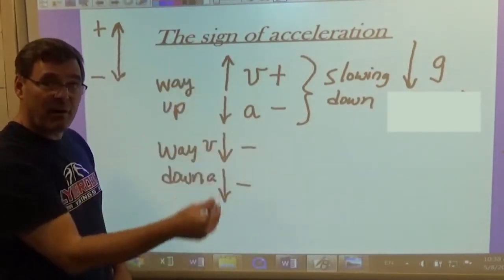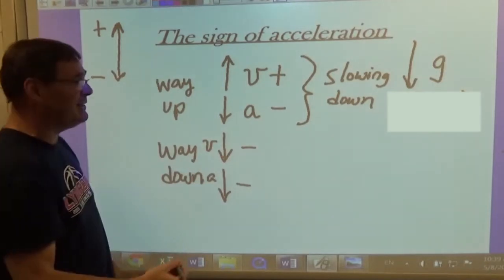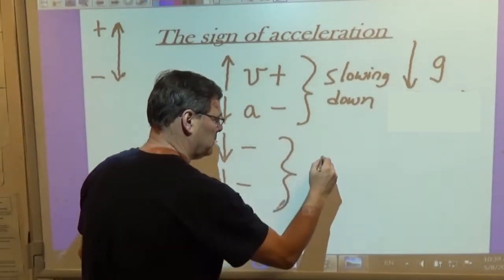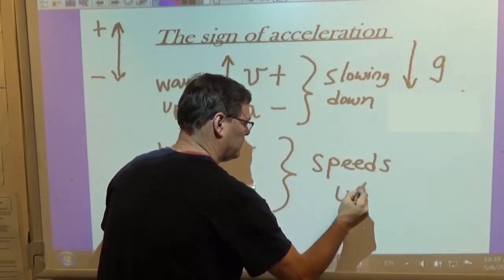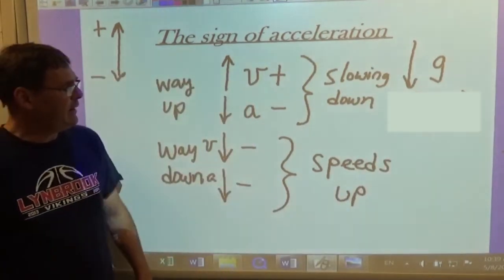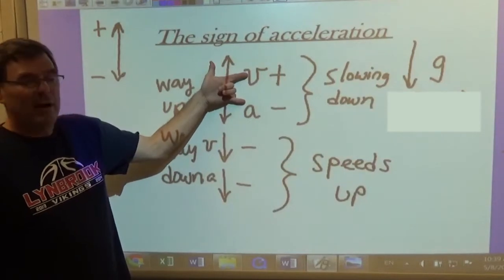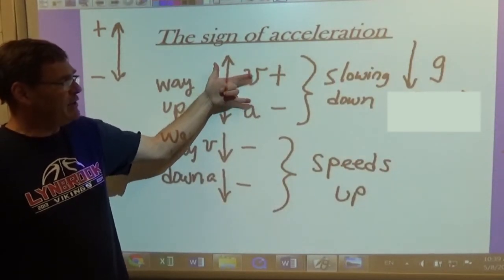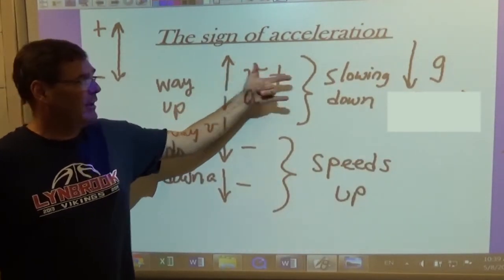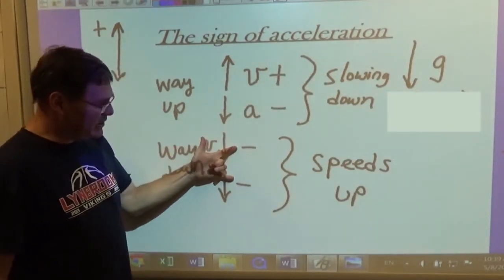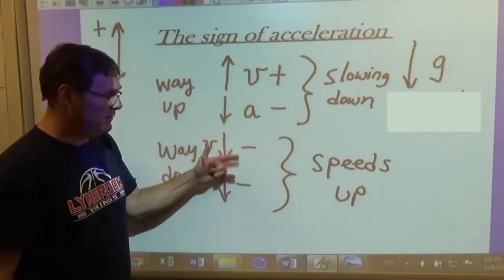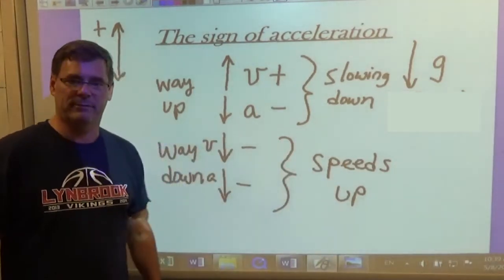And as something falls from a higher height, we know it speeds up. Okay, so here we see that when velocity and acceleration have opposite signs, the object is slowing down. And when velocity and acceleration have the same sign, the object is speeding up.